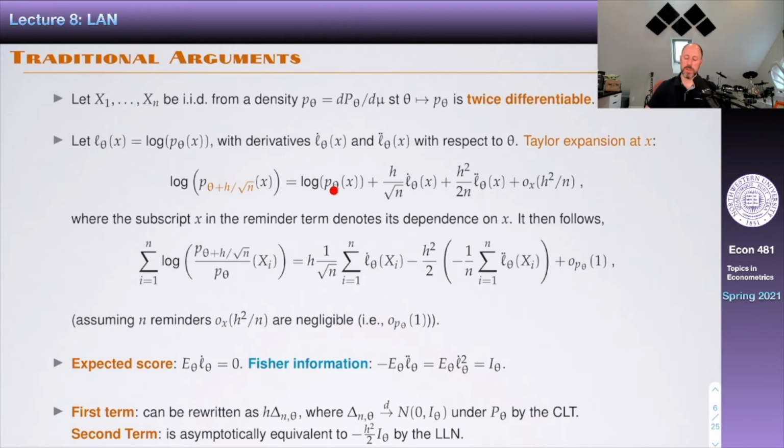So the difference between these 2 points, well, that's this. Then you have the difference between these 2 points squared, and that is h squared divided by n times a half, so the 2 here, and the second derivative. And then you have a remainder that depends on the point x where we're doing this expansion, and is smaller than h squared divided by n, which is the order of this term over here.